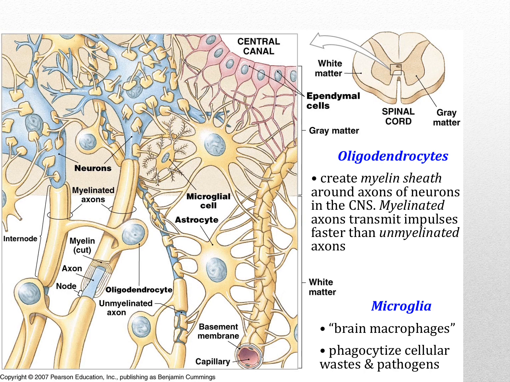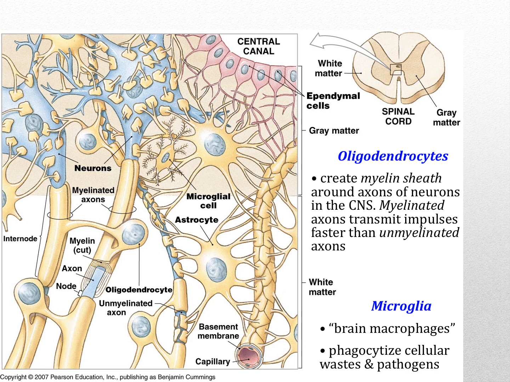If you see the word node, that's a node in between. It jumps over the myelin to the node, so it creates faster transmission. That's all I'm going to tell you. So that's the oligodendrocyte in the CNS.